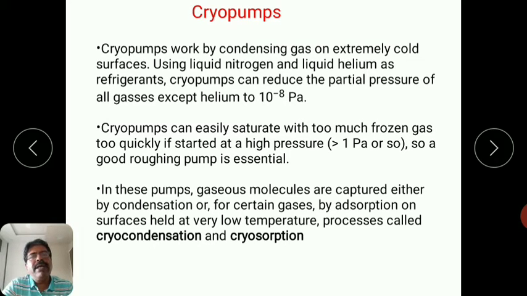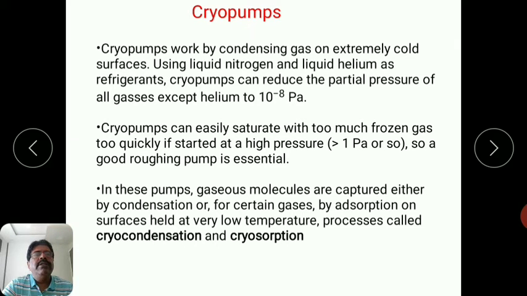There are so many gas molecules condensing on the surface inside your cryo pump, and the whole surface will be covered with those condensed gas species, and there will be no further space available on these surfaces where gas molecules can be condensed, thereby captured, and therefore you can say that it is saturated. So that is the saturation process.